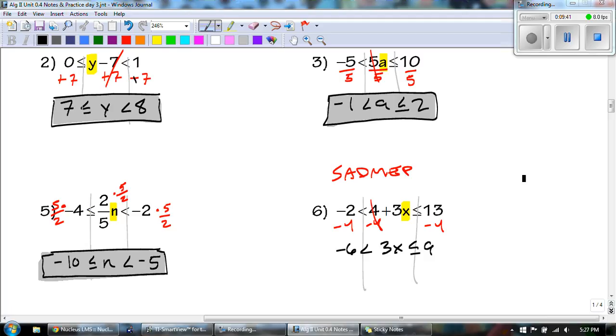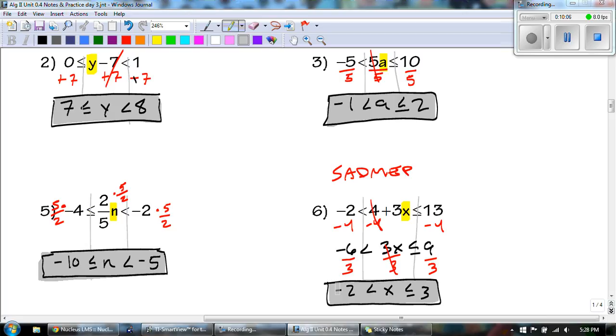Don't forget your inequality symbols, guys, okay? Or your negatives. To get the x by itself, I need to divide by 3. -6 divided by 3 is -2, which is less than x, which is less than or equal to 3. And there we go.